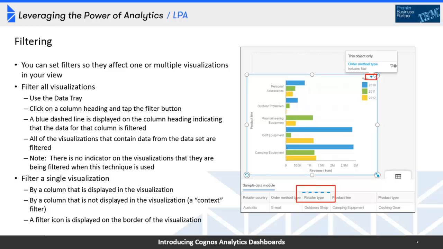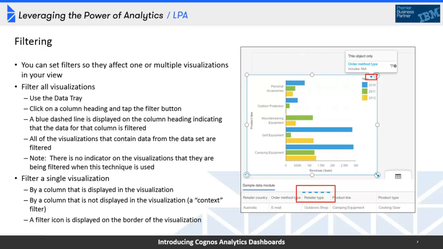It will pop up a context-sensitive button bar. I'll click the filter on that button bar. I'll select the 2 or 3 retailer types that I want in my analysis, and every widget that I build from that data source will be automatically filtered to the retailer types I selected. So global filtering is supported. That's through the data tray.